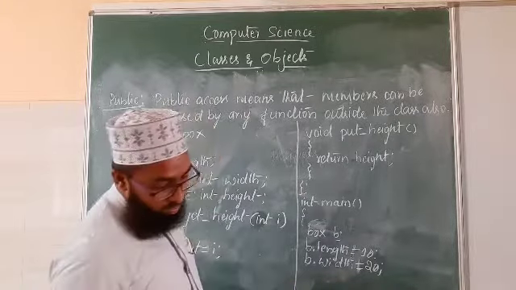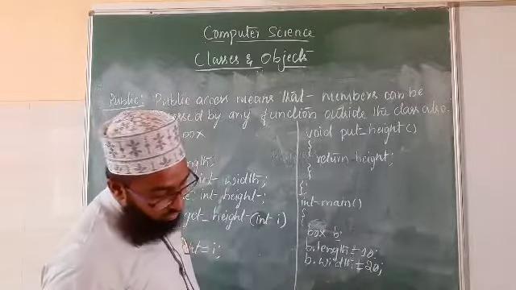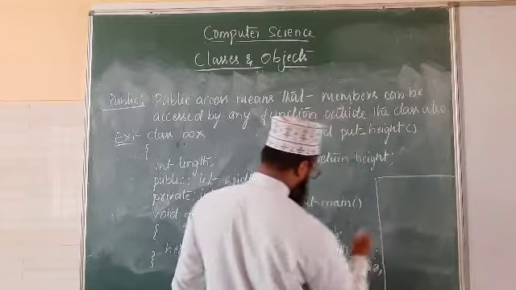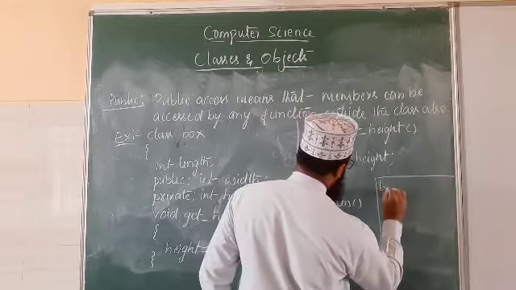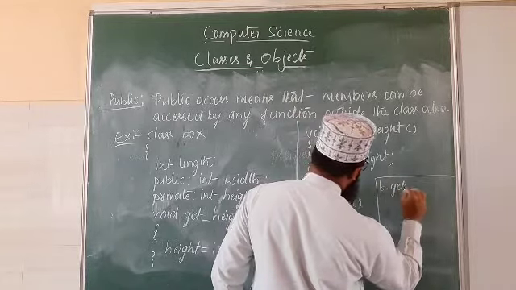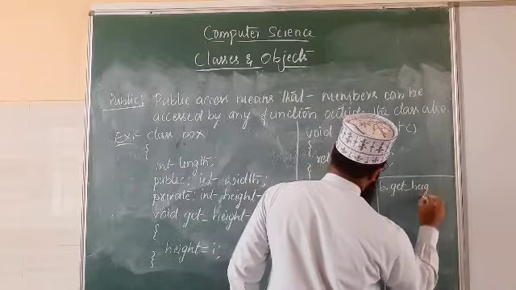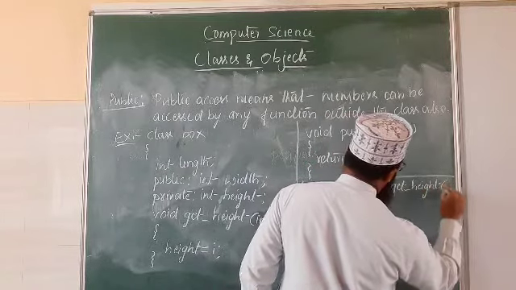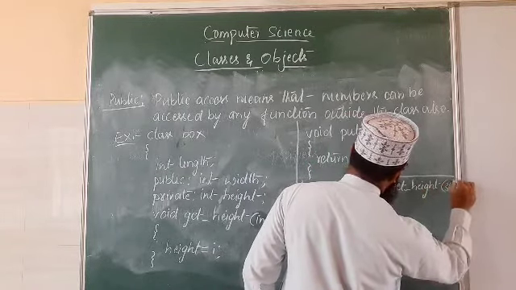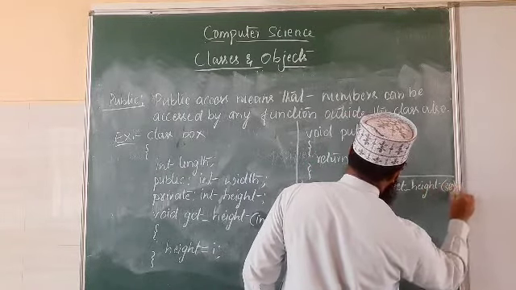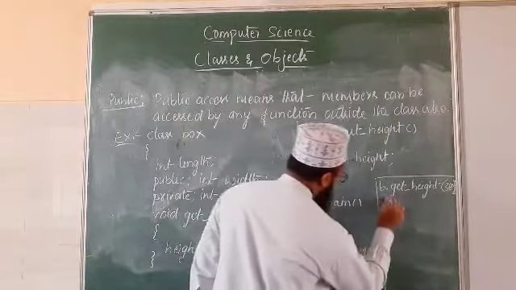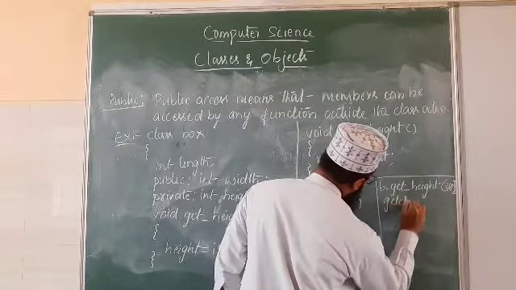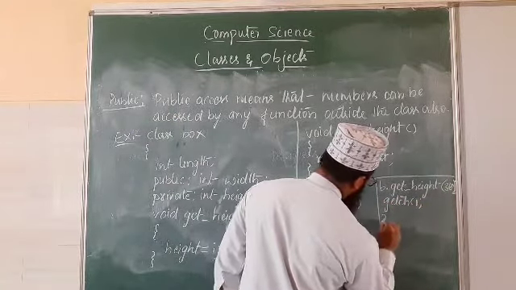Then finally, b dot get height. I will write here with a space. Under the function, the height is 30. Then put a semicolon here. Then give getch, then close your bracket.